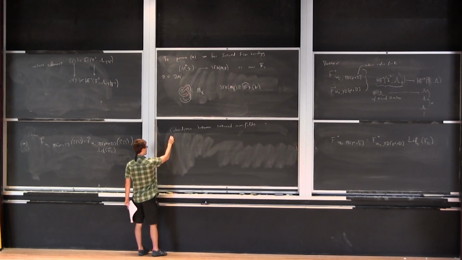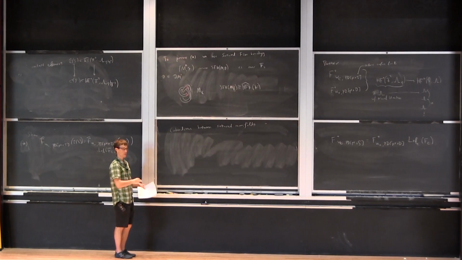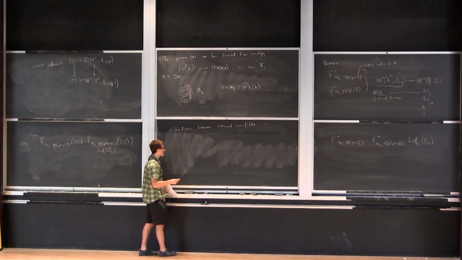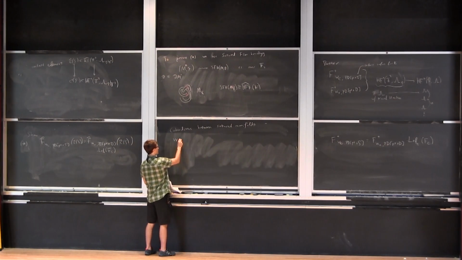So we have more data than just a 4-manifold with 2 boundary components. Instead, this is a tuple, W, Z, xi.